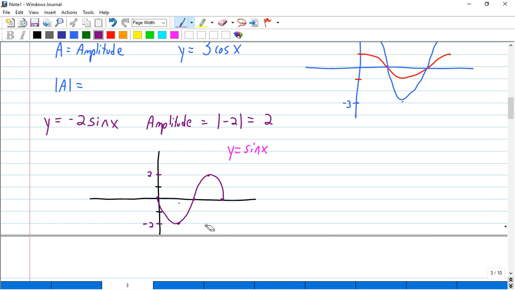So negatives in front of every trig function actually will flip the graphs. Now, changing the amplitude of the trig functions doesn't always do the same thing. Changing the amplitude for sine and cosine changes the heights. It makes your high point and low point whatever that number is that we get for the amplitude.